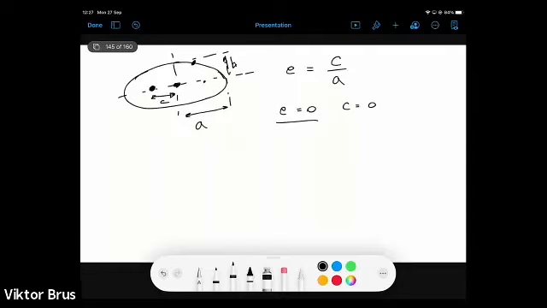And now we can proceed with the second law. Kepler's second law can actually be considered as a consequence of angular momentum conservation for an isolated system. And it states that the radius vector drawn from the sun to the planet sweeps out equal areas in equal time intervals.